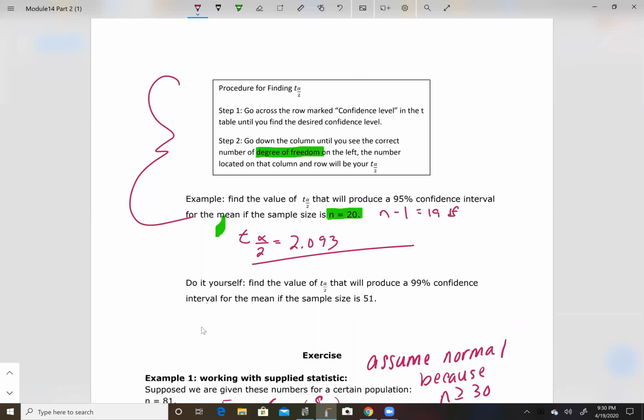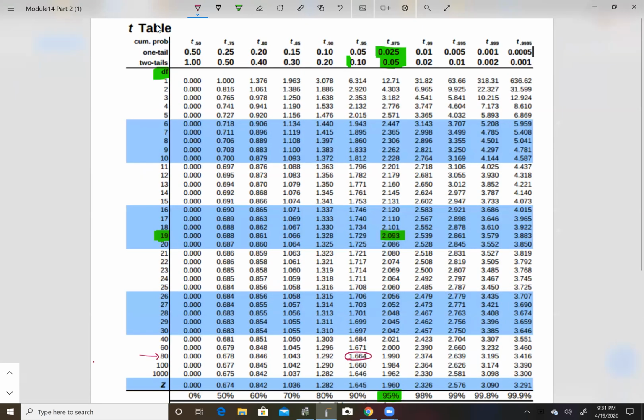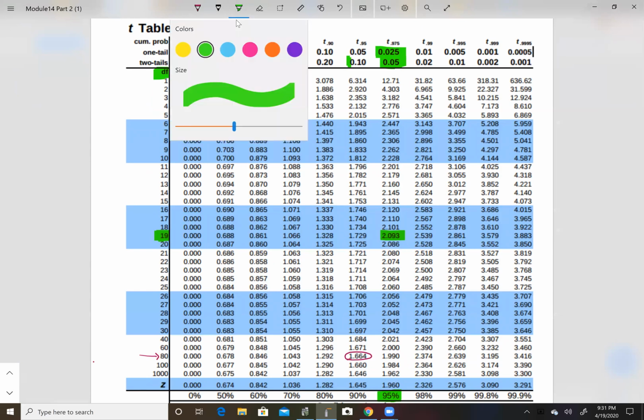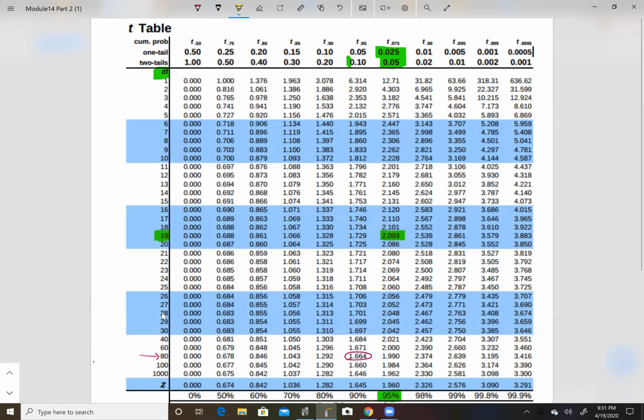Now it wants us to do a 99% interval for a sample size that is 51. So if our sample size is 51, that means our degree of freedom is 50. Oh, I see why they did this.